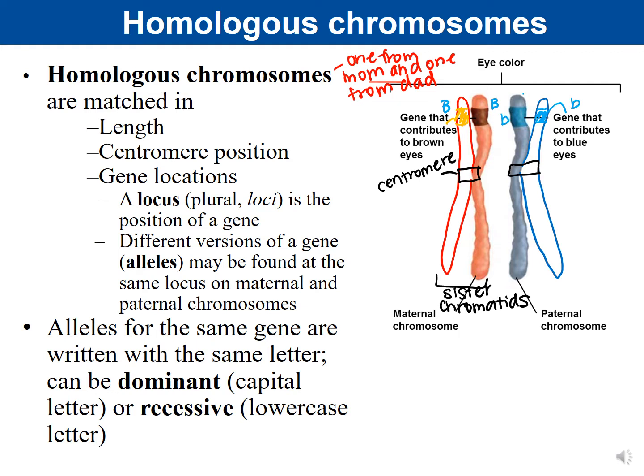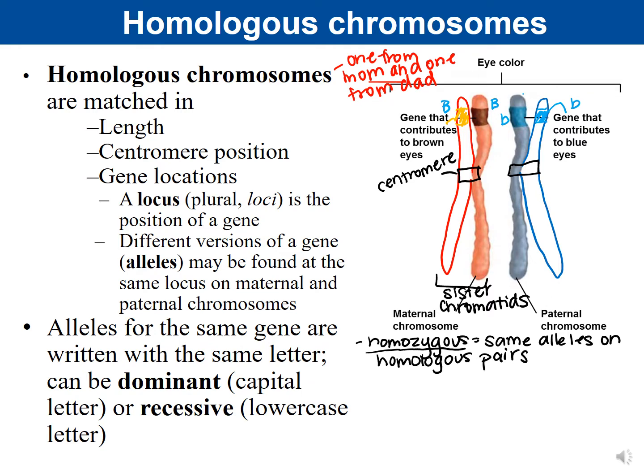So now let's write definitions for dominant and recessive. So we need a few terms. If we say that an organism is homozygous, homo refers to same. So if we say homozygous, that means that they have the same alleles on homologous pairs.